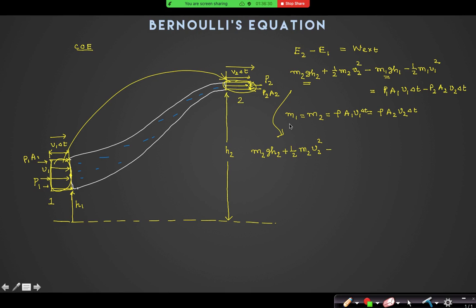This mass that is going inside and coming outside, both are the same mass or not? So that is equal to rho into A1 V1 delta T from here, and rho into A2 V2 delta T from this side. They are all the same.